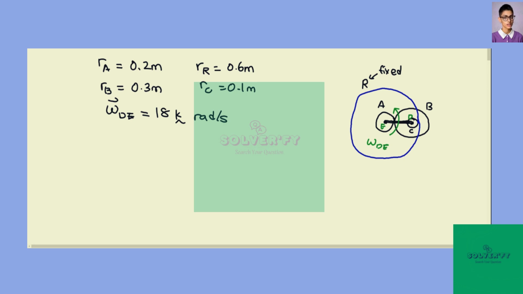Basically, we need to find omega A and omega B.